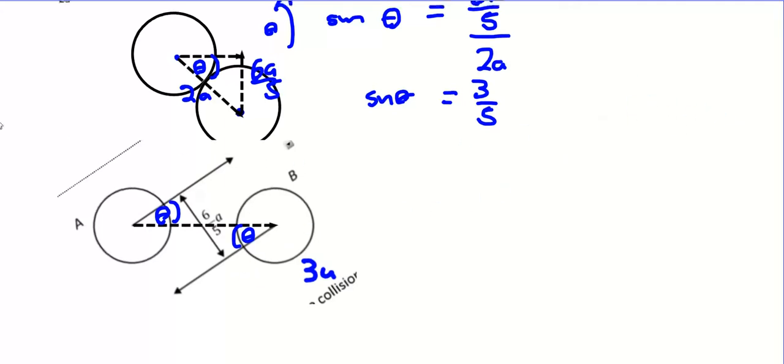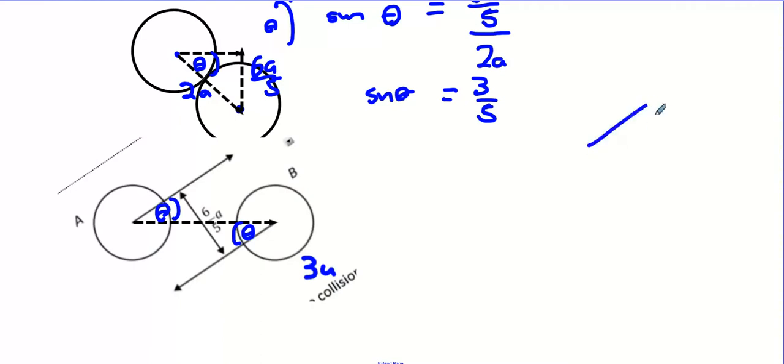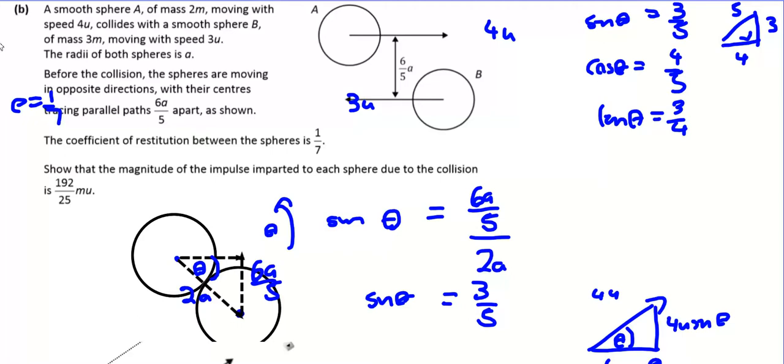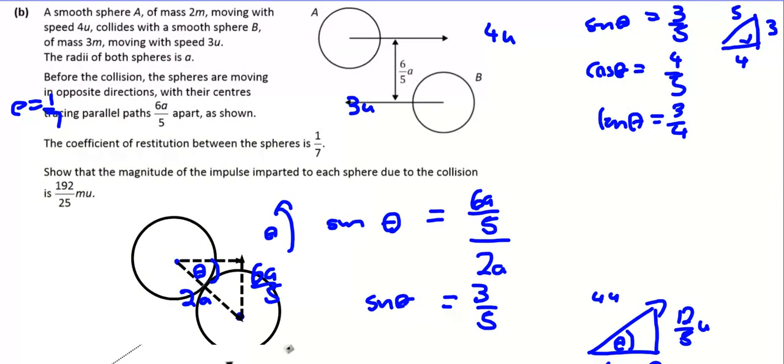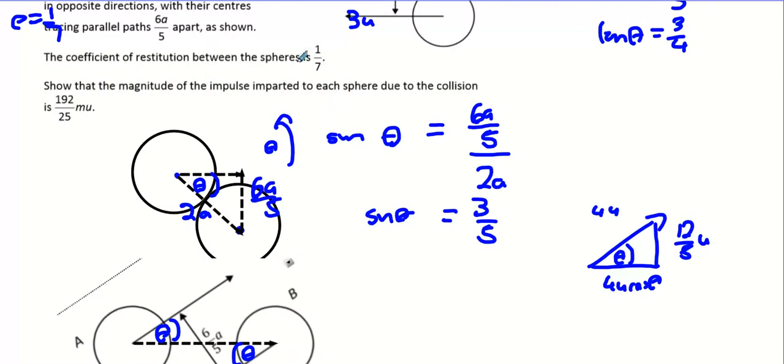For example, A, which we knew is going 4u in this direction, I can use theta to find the two components. So this is 4u sine theta, and this is 4u cos theta. 4u sine theta is 12 over 5 u. And this one is cos theta, 16 over 5 u.